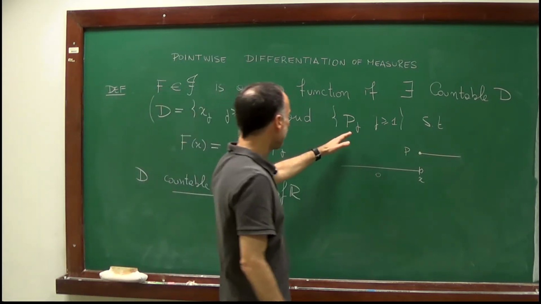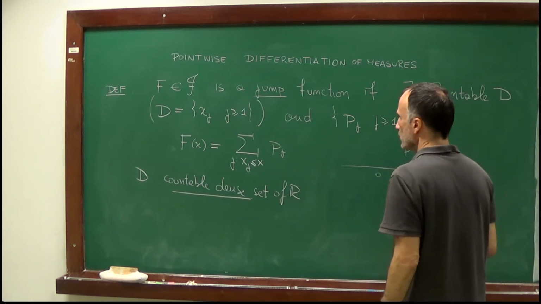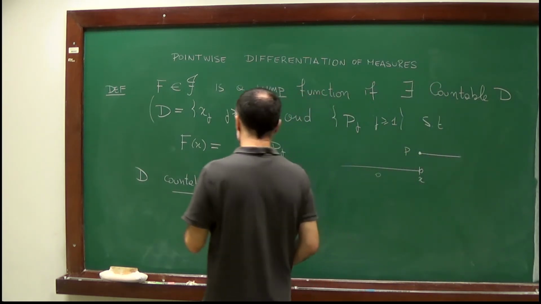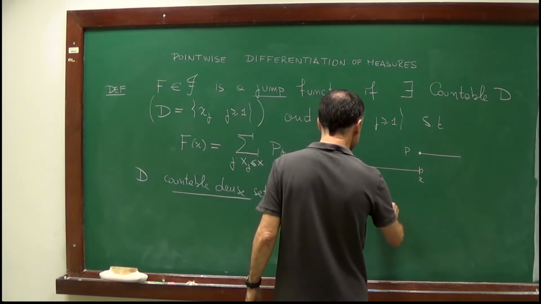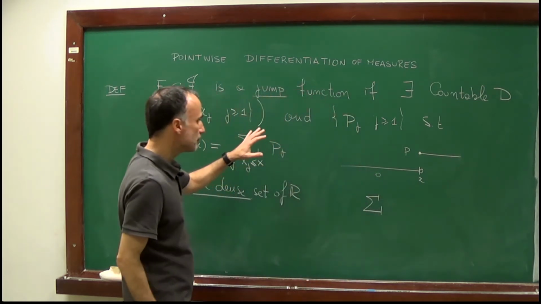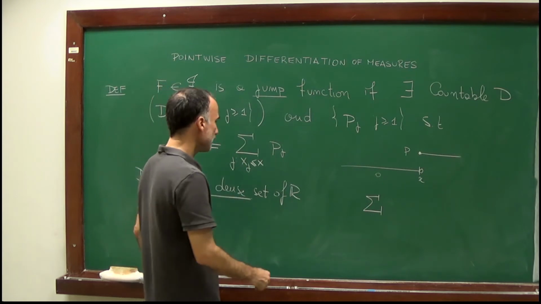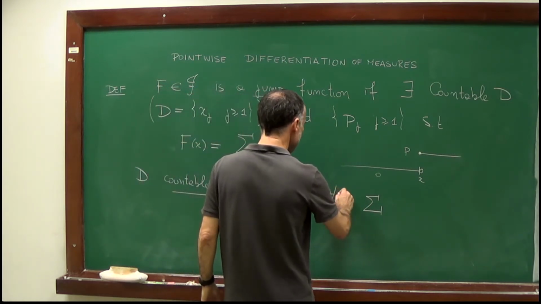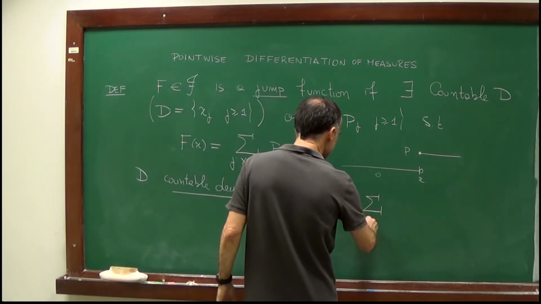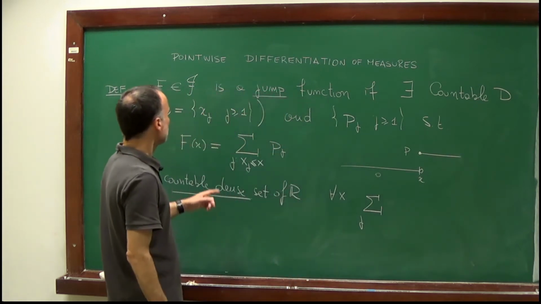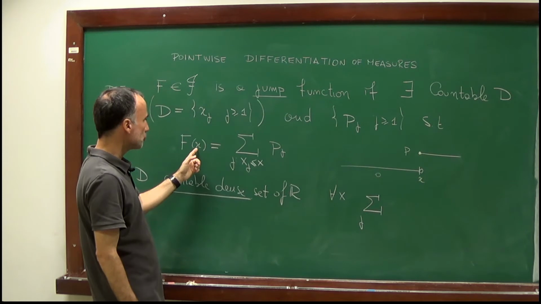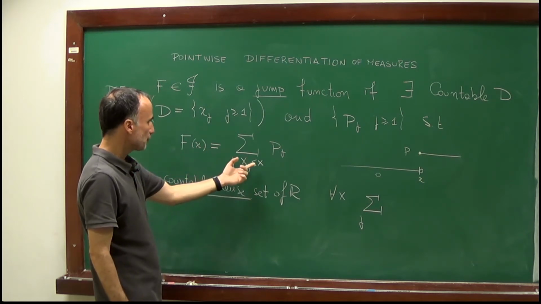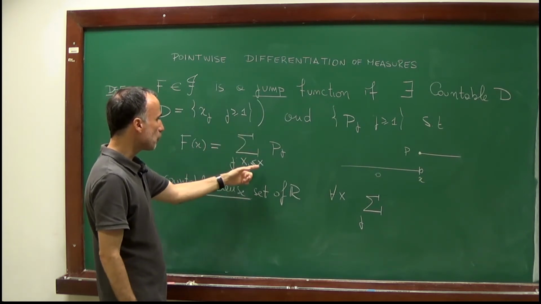What I didn't ask here, but I should, is that if you sum, so let me add to this definition the fact that for all x, for this function f to be in F, I need f(x) to be finite, so I need this sum to be finite for all x.